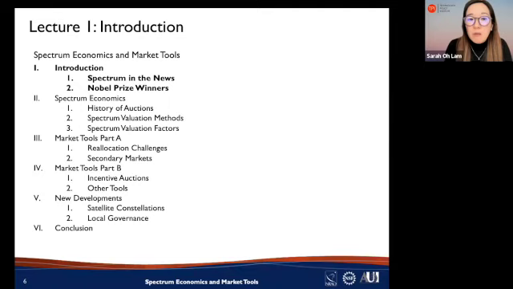And then in part B of market tools, I'll talk about incentive auctions. Incentive auctions in the broadcast TV band are the main example of how the government designed a very complex way of reducing the holdout problem, but also incentivizing holders of broadcast TV spectrum to give up their spectrum and to receive compensation to move their analog TV broadcast equipment into digital TV bands.